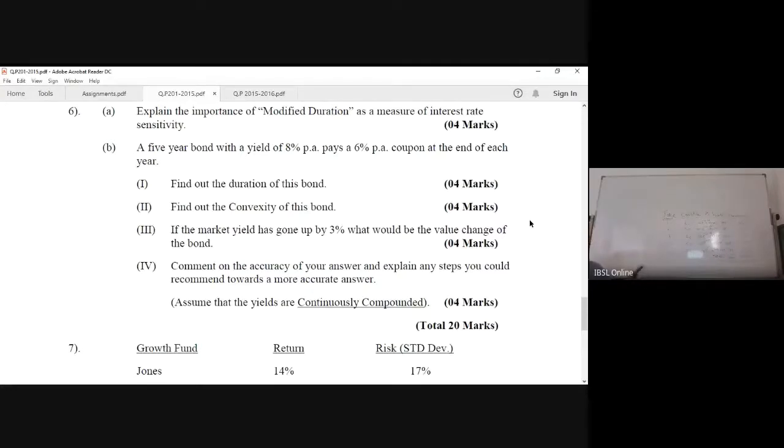The convexity also can be calculated in that manner. Yes. What is the value you got for the convexity?